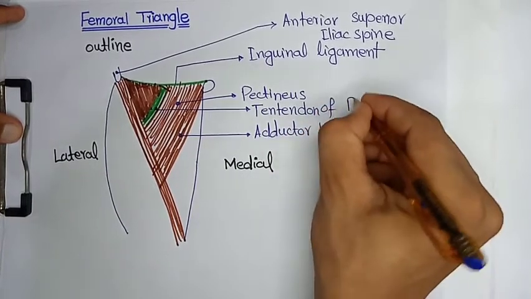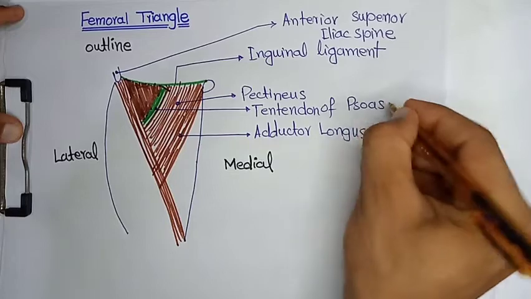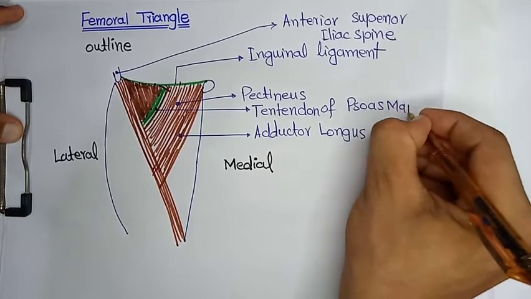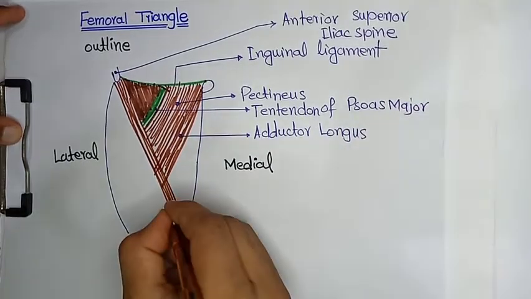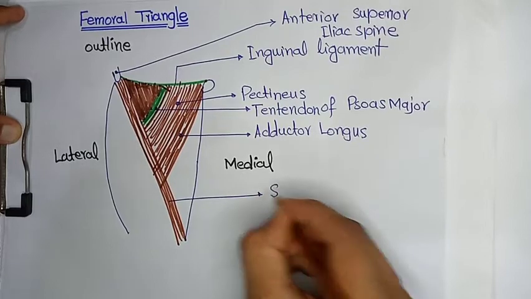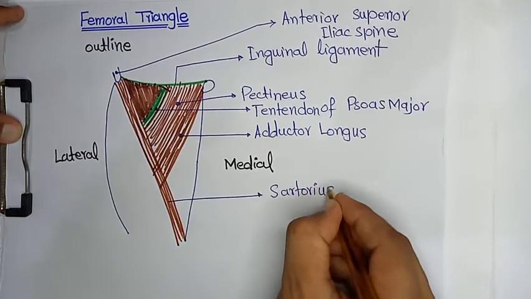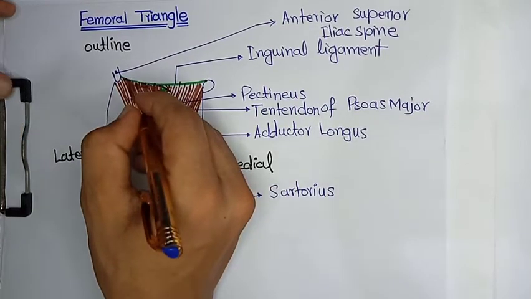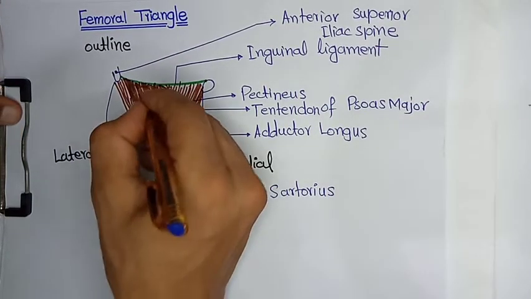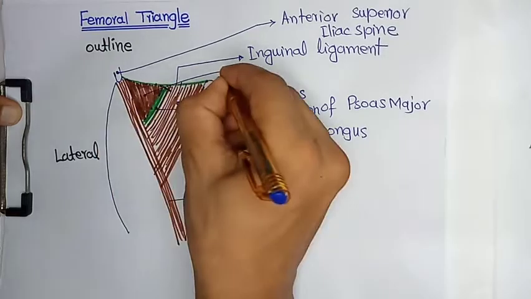This is the tendon of psoas major muscle. This is sartorius muscle.